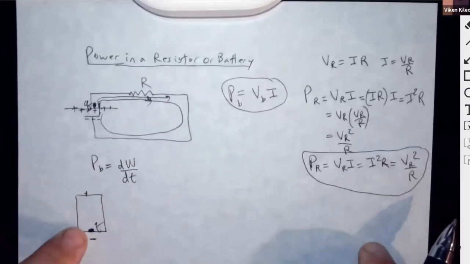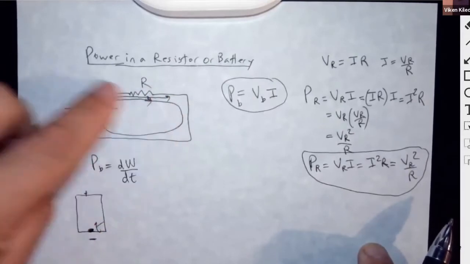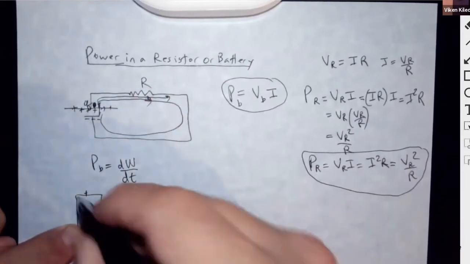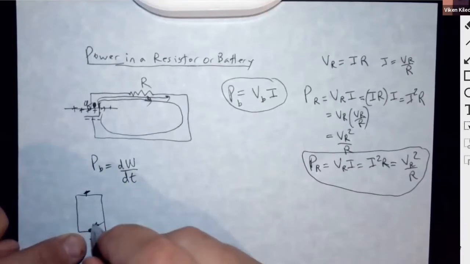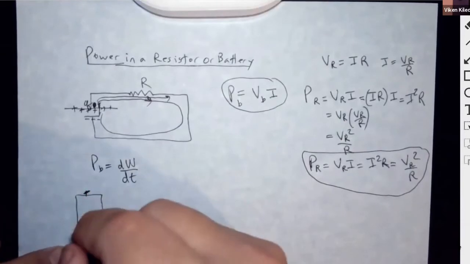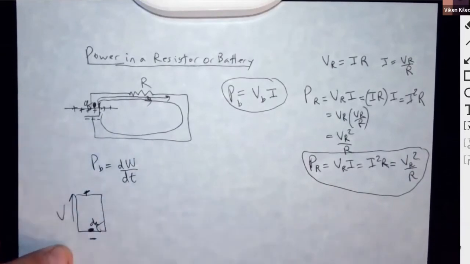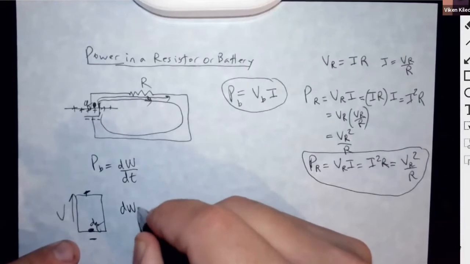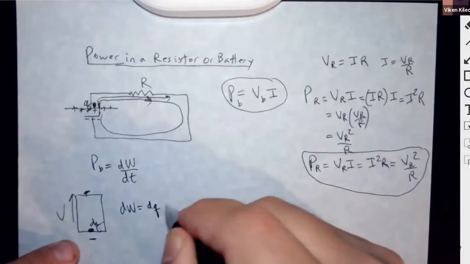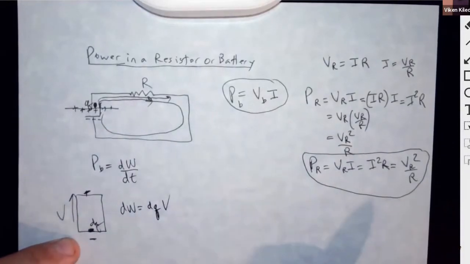But if it stayed there, there would not be continuous current. So what the battery has to do is work on that charge. We could say the work done by the battery is dQ times the increase in voltage. Remember from the energy chapter, dW is equal to dQ times the voltage difference.